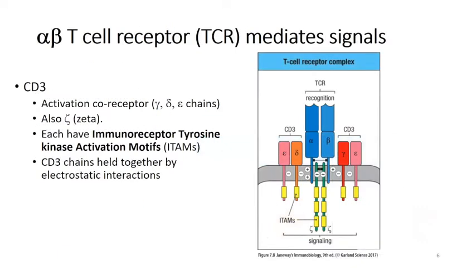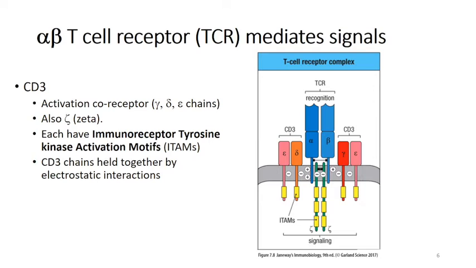That's CD3. I wanted to show you this diagram here. CD3 is a bit of a peculiar complex: one gamma chain, one delta chain, two epsilon chains, and this one. That whole complex is called CD3.